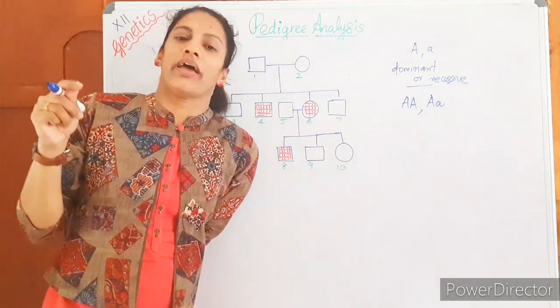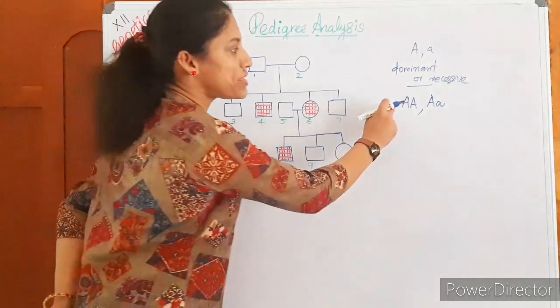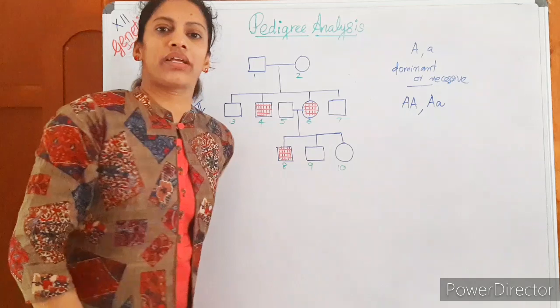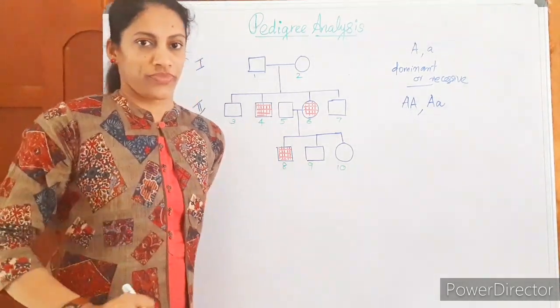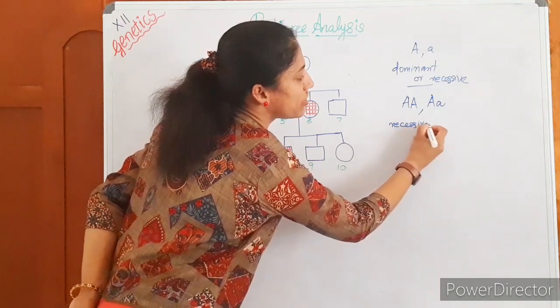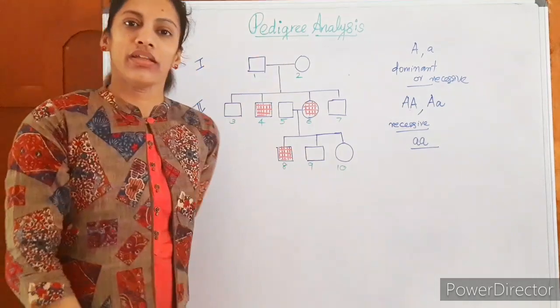So if a particular disease is dominant, both homozygous capital A individuals and heterozygous individuals are diseased. Whereas if a disease is recessive, only small a individuals are diseased.